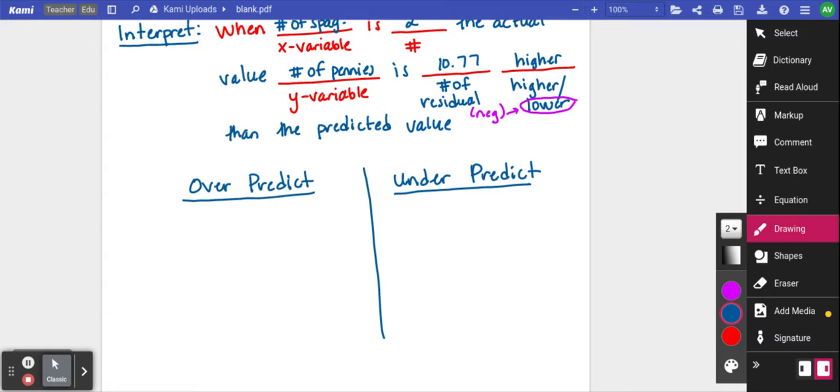Now, in order to do that, you can do this in two different ways. If you have a graph, you're going to say that the line over predicts when the line is above the data point.